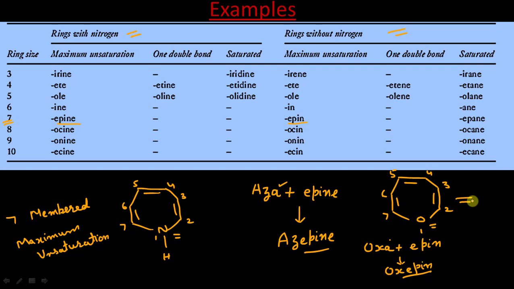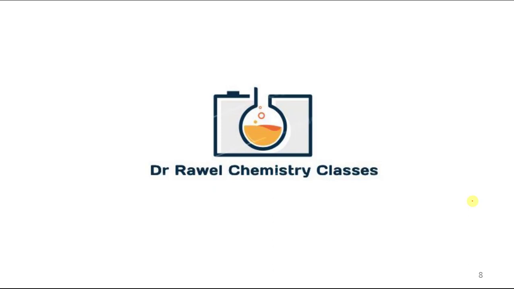So that is how we can use this system to name various heterocyclic compounds. So that's all for today. So basically my aim was just to introduce you to this Hantzsch-Widman system, how this system is used to name monocyclic heterocyclic compounds having ring size from 3 to 10.